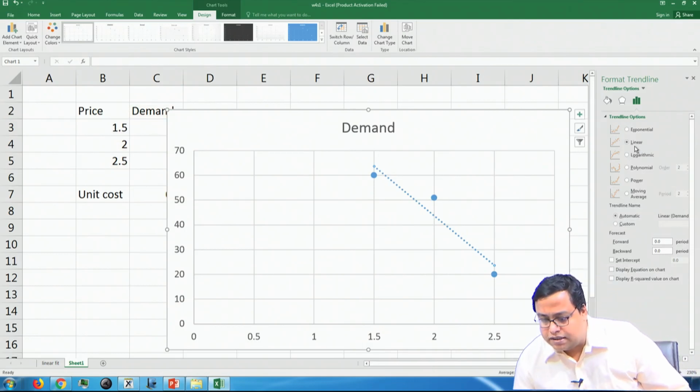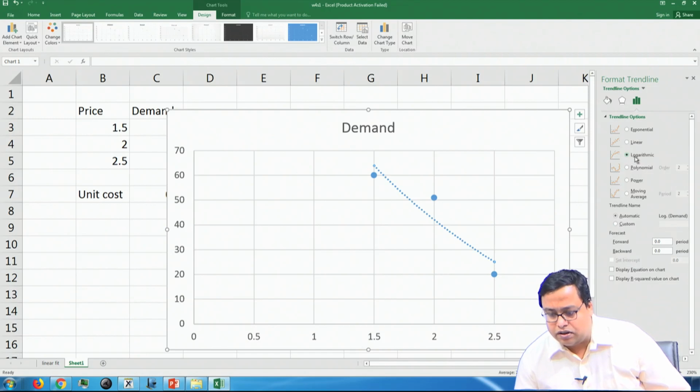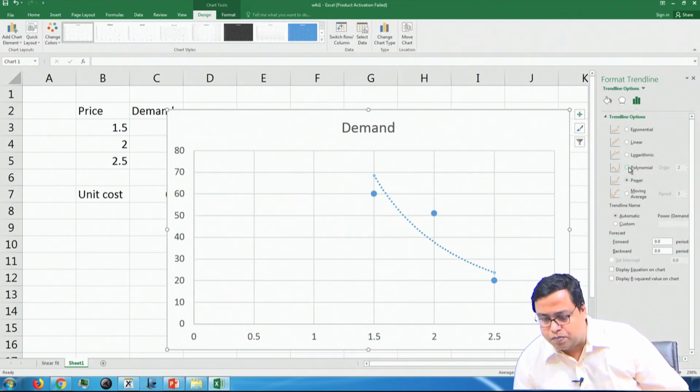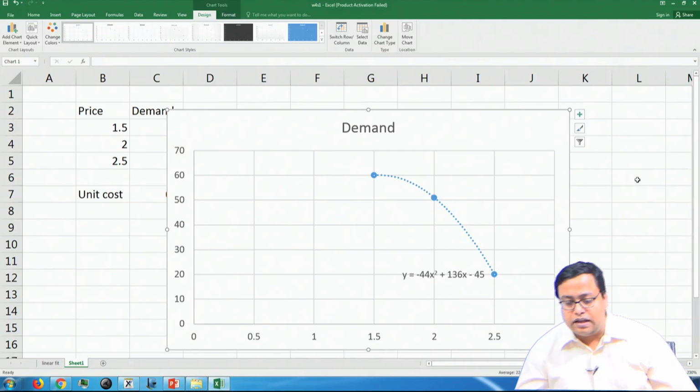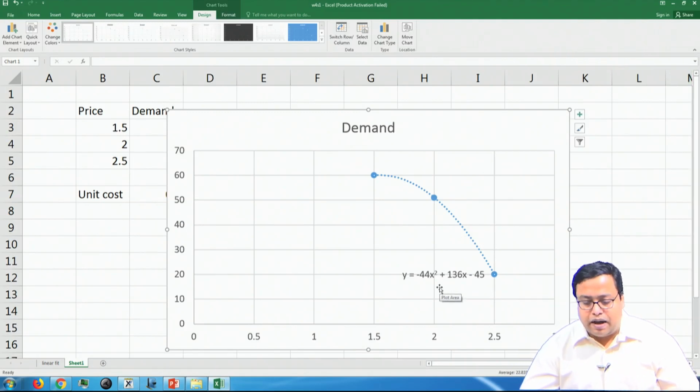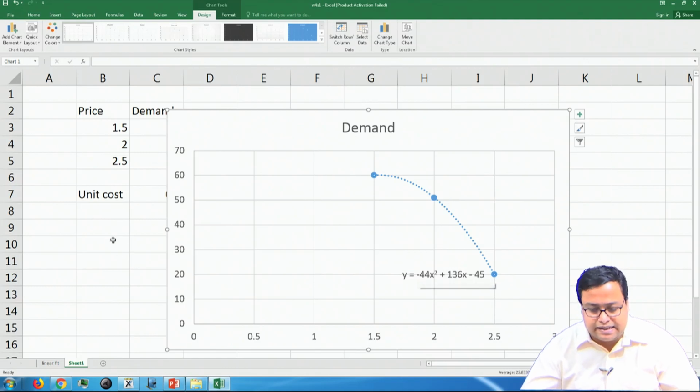There are lots of options. Let us say I use logarithmic, it does not look good. I might use power, it does not look good. Polynomial, okay, polynomial looks good, and display equation on chart. So, the equation is basically minus 44x squared plus 136x minus 45. So, that is my equation.